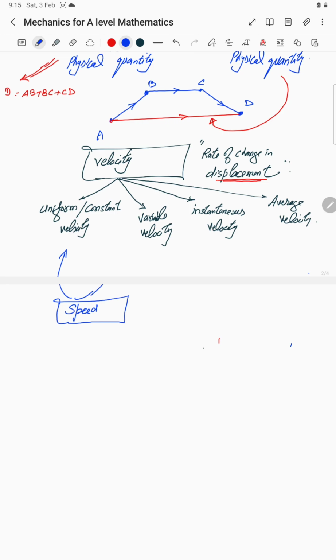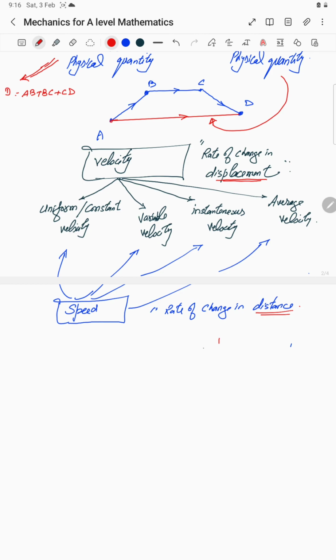But if you talk about speed, it will be variable speed, it can be instantaneous speed, and as well the average speed, right? It is defined as the rate of change in distance. So then the physical quantity is called speed.